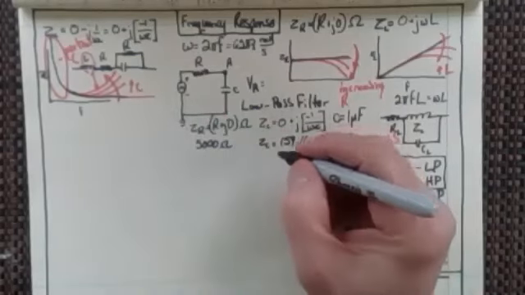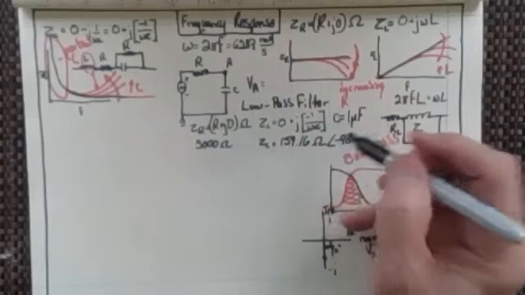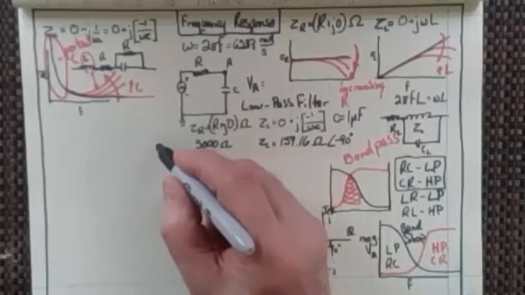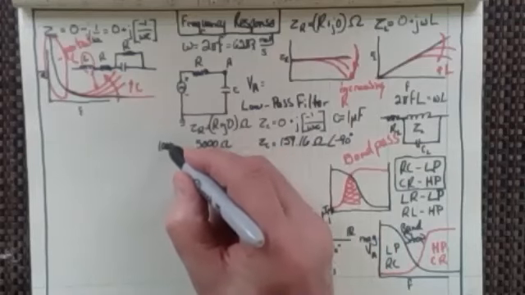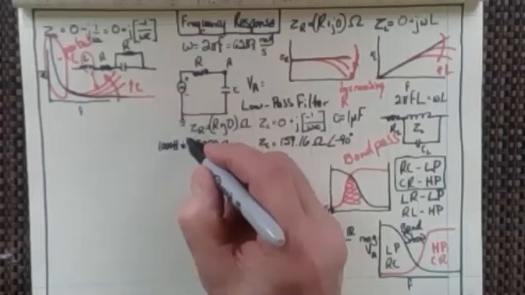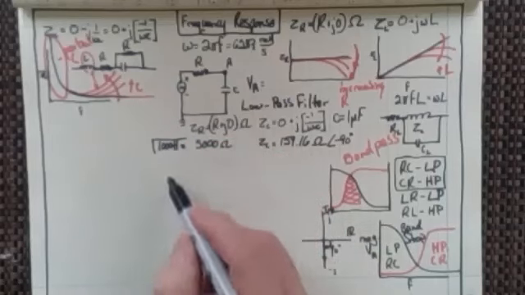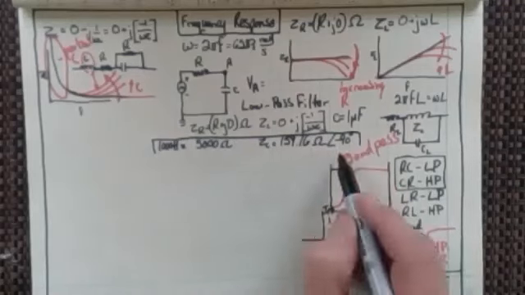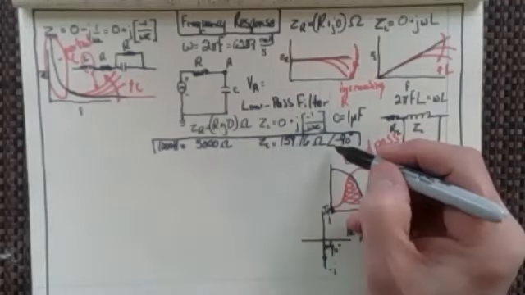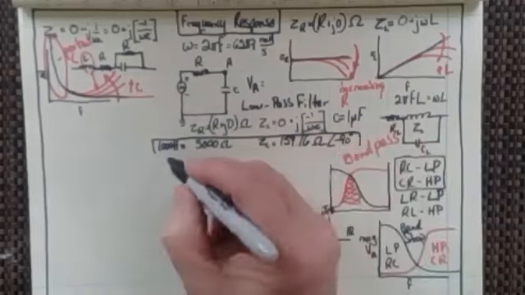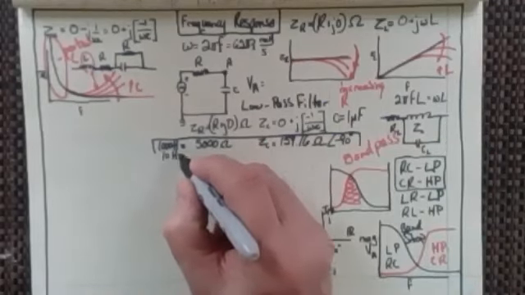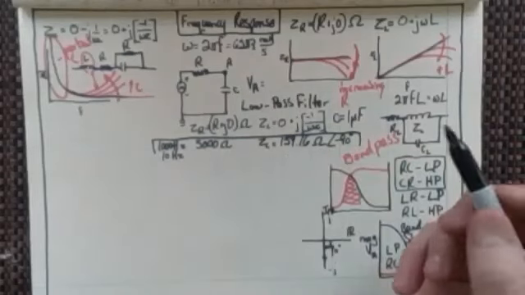Now, what if I went to 10 hertz? We've looked at this at 1,000 hertz, so why don't I put that over here? We'll make a little table. 1,000 hertz gives us 159.16 ohms and 5,000 ohms. Now, how about 10 hertz? I'm just going to take it to its two extremes now.